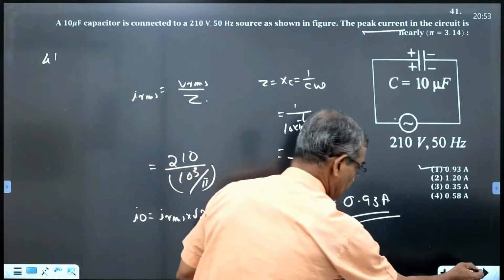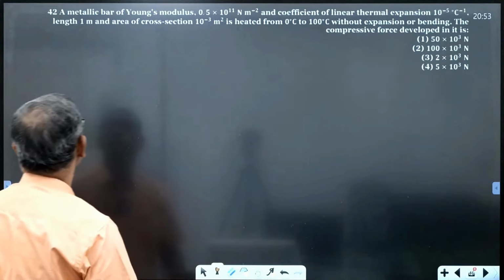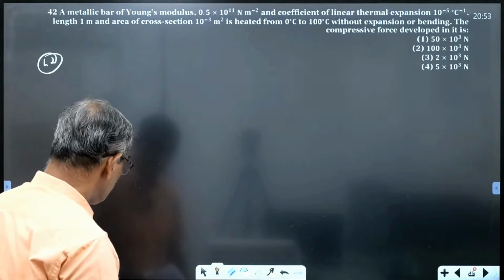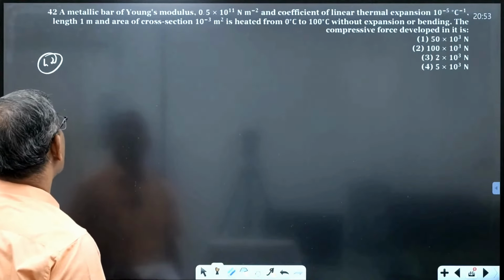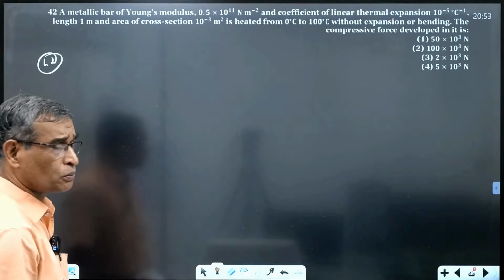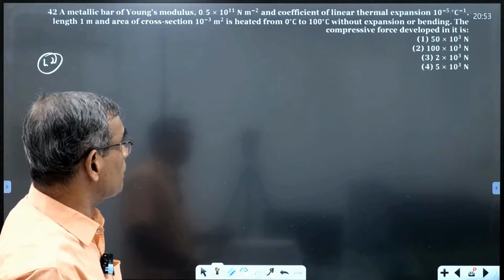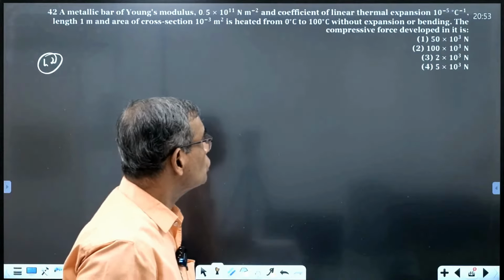Next question, 42. A metallic bar has Young's modulus 0.5 into 10 raised to 11 newton per meter square, and coefficient of linear thermal expansion 10 raised to minus 5.